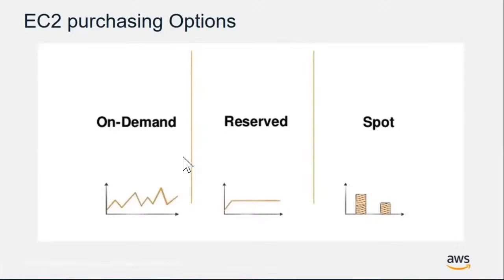What AWS essentially does is allow you to bid for this infrastructure at a cost which is almost 90% cheaper. That makes running workloads on Spot instances almost 90% effective. However, I would like to highlight that Spot is not a good use case for every kind of work.